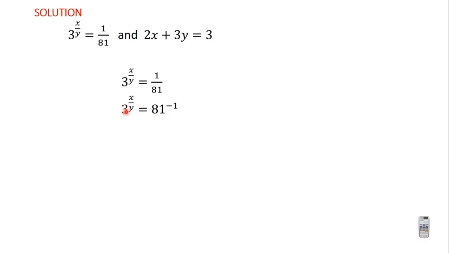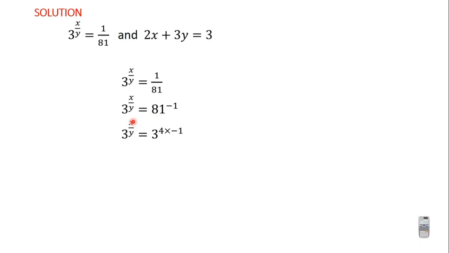The base on the left hand side is 3. The base on the right hand side is 81. We can express 81 in index form such that it has a base of 3, because 3 exponent 4 is the same as 81. So when we do that, there will be a base of 3 on the left hand side and a base of 3 on the right hand side, so we can equate the exponents.